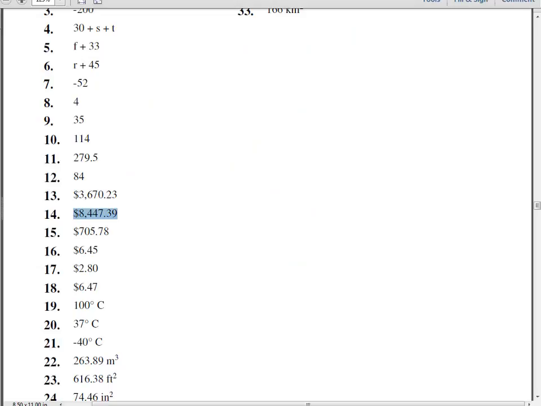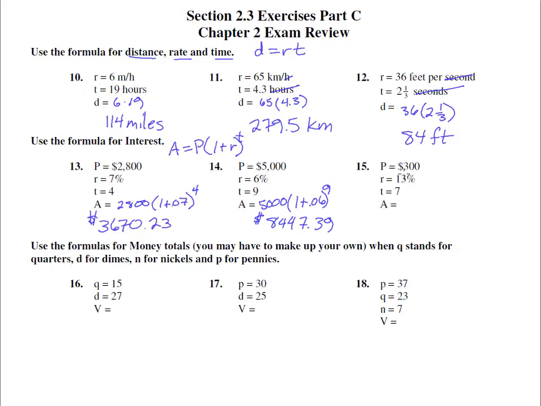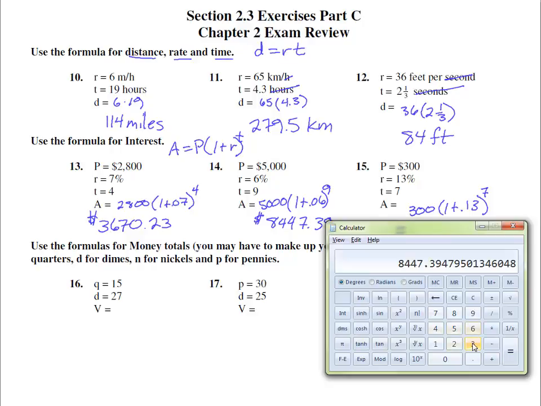8447.39. Number 15, same formula, 300, 1 plus 0.13 all to the 7th power. So punch that into a calculator and we get $300 at 13% interest rates. We're going to multiply by 1.13, that's 1 plus 0.13, raised to the 7th power.